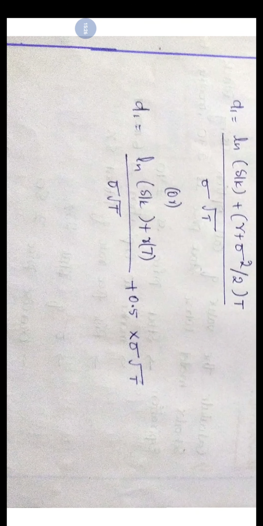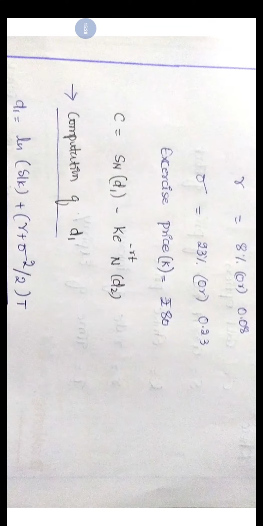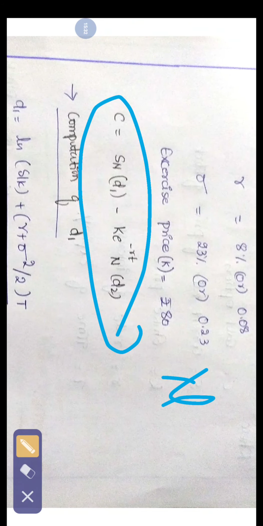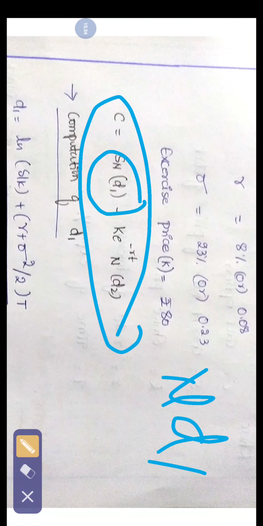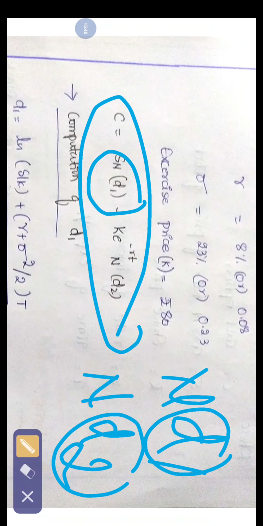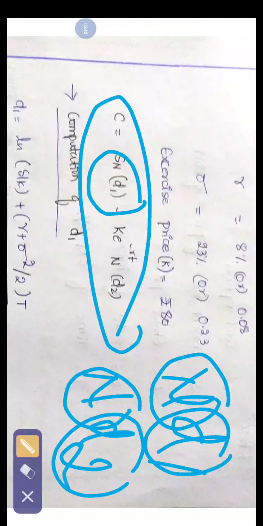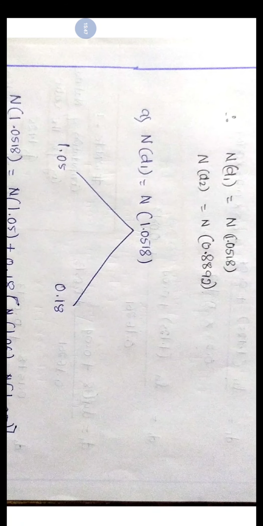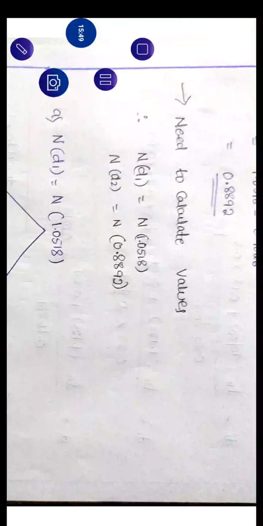Next, what we need to calculate for simplifying this equation is N(d1) and N(d2). So already we have calculated d1 and d2. So next we have to solve this N. We need to calculate these two values.